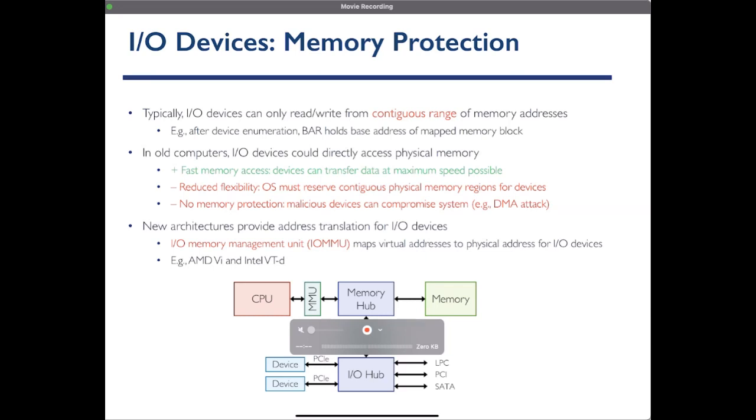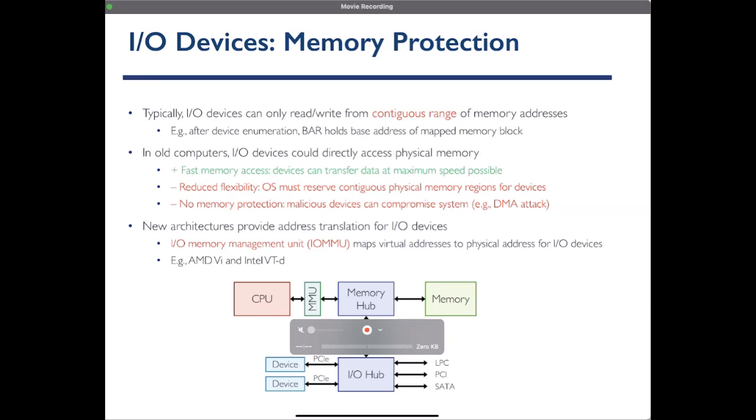It also reduces flexibility, right? If the operating system has to assign a contiguous region of memory to each device, this could potentially create restrictions on how the operating system can allocate memory, and potentially create, you know, fragmentation.